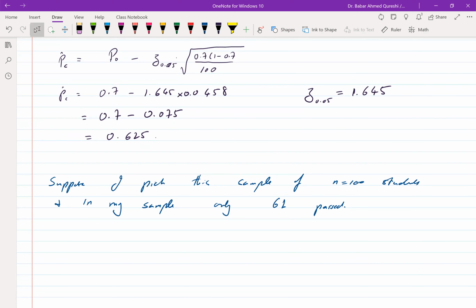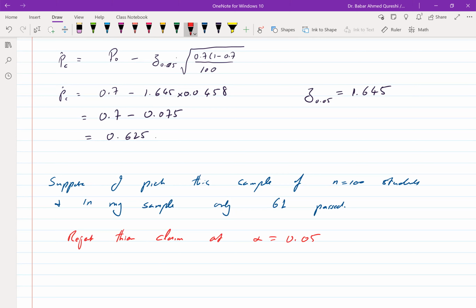Based on this, I'll be able to reject their claim at 0.05 significance level. They may still be true. It may be your bad luck that in this sample you picked, 39 of them failed for some reason.